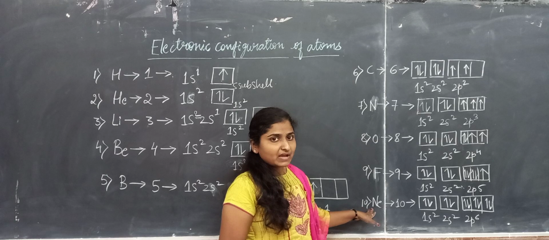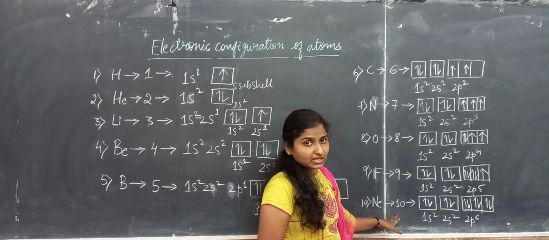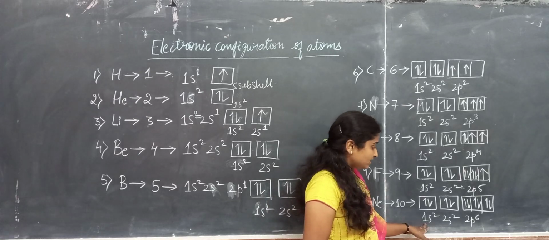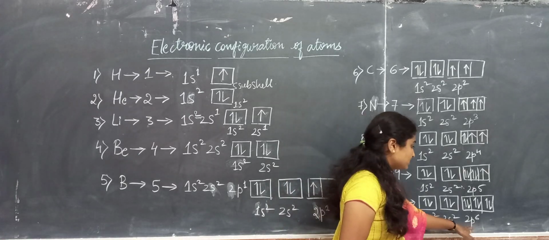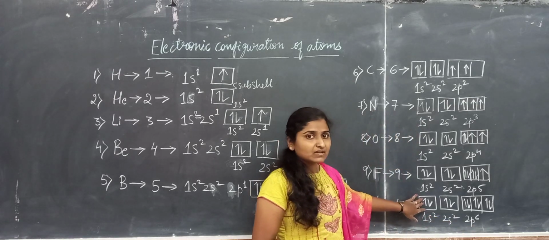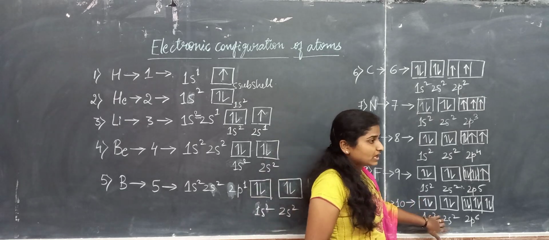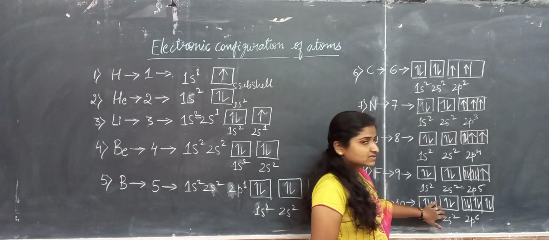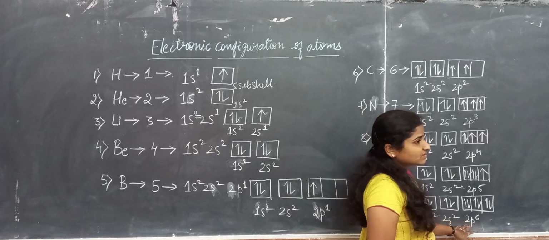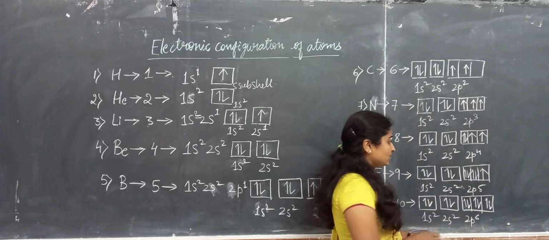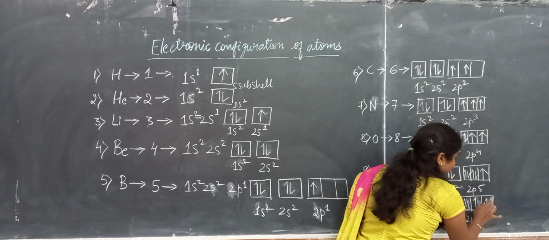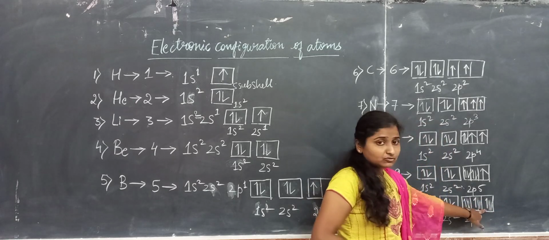The next example is neon. It has atomic number 10 with 10 electrons, so the electronic configuration we can write as 1s2, 2s2 and 2p6. Here both the electrons in the 1s orbital occupy the same orbital with opposite spin, and the 2 electrons in the 2s orbital occupy the same box with opposite spin, whereas in the 2p6, the orbitals are first singly occupied. First, 3 electrons will enter the 3 orbitals.